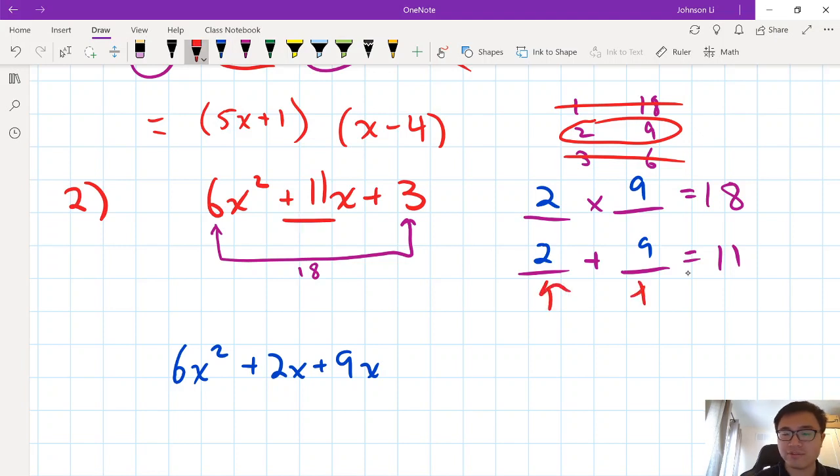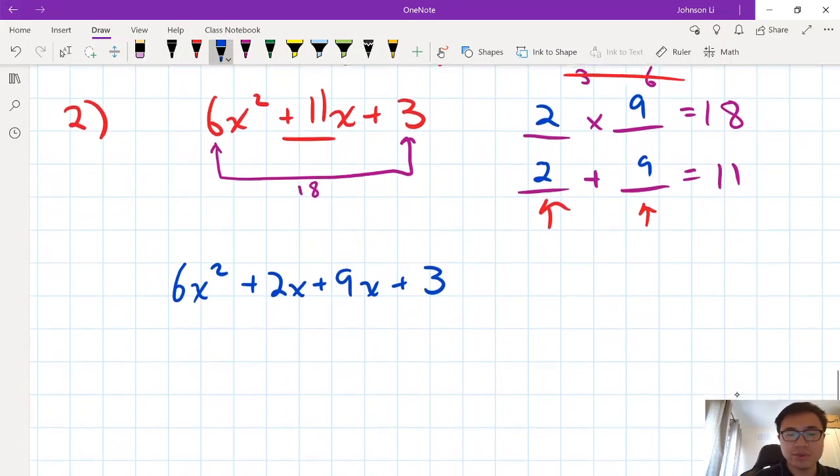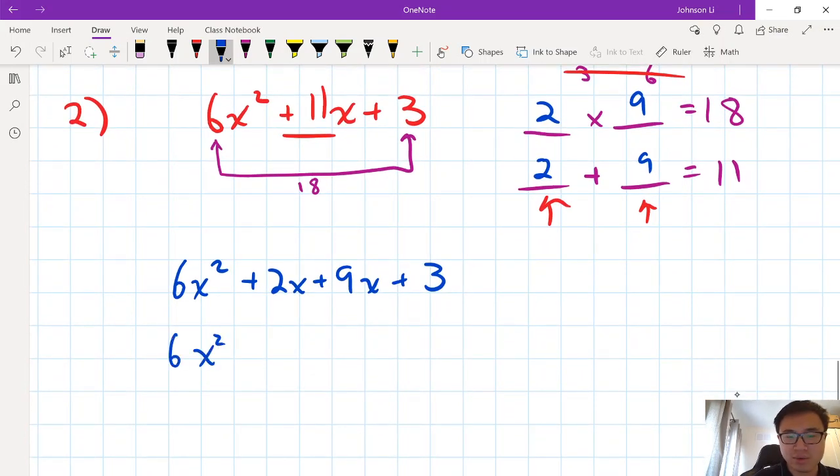The 2x came from this number, the 9x came from that number. And then you write down the plus 3. You can also do it this way as well. It doesn't really matter what order, as long as you make sure you factor out fully all the correct numbers. It doesn't matter if you put the 2 first or the 9 first, you'll get the same exact answer.